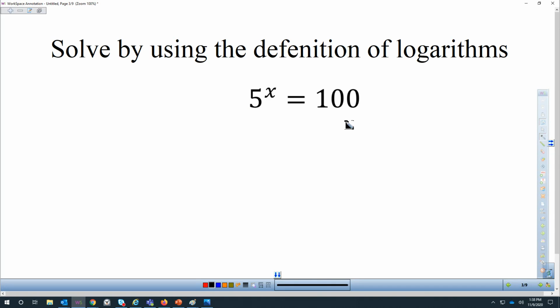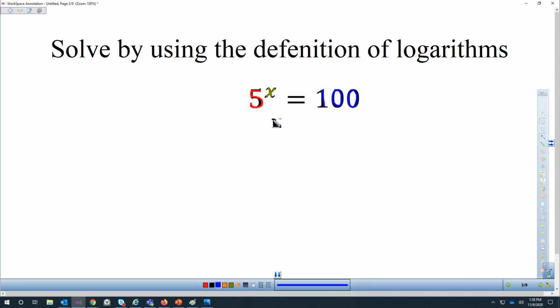The way we're going to do this using the definition of logarithms is we're going to rewrite this. First, to color code it so it matches the slide on the previous page, 5 is our base, we have the power of x, and we have 5 to the power of x is equal to 100.